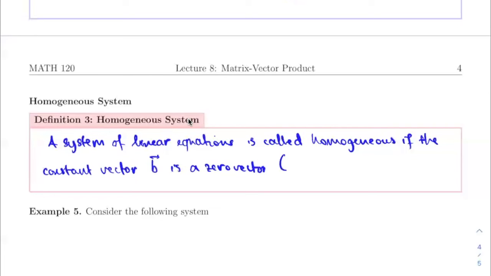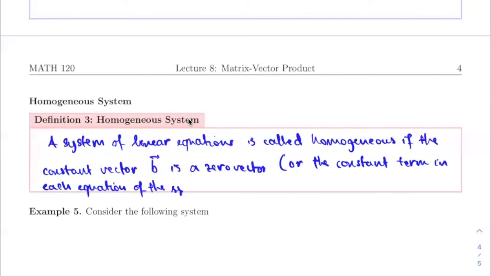In other words, the constant term in each equation of the system is zero.